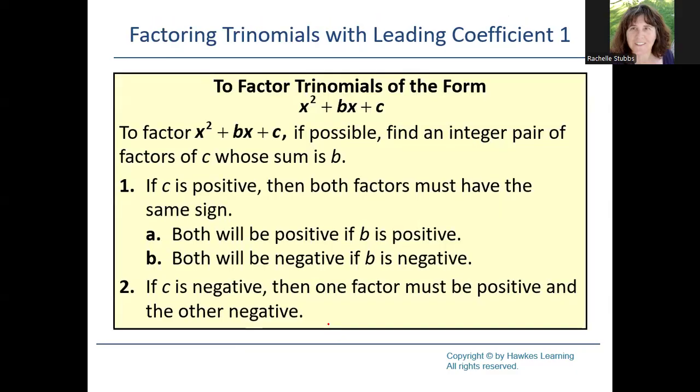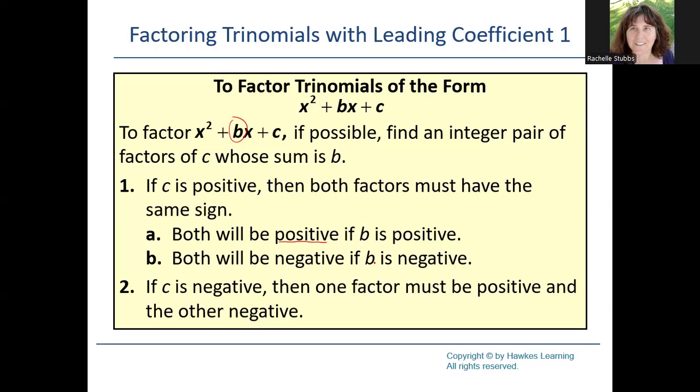So here are the rules of factoring trinomials. If we have x squared plus bx plus c, it's possible to find an integer pair of factors of c whose sum is b. If c is positive, then both factors must have the same sign. If b is positive, both factors will be positive.